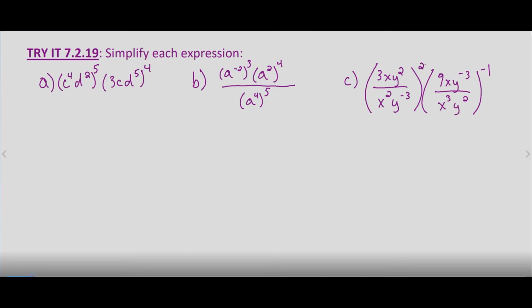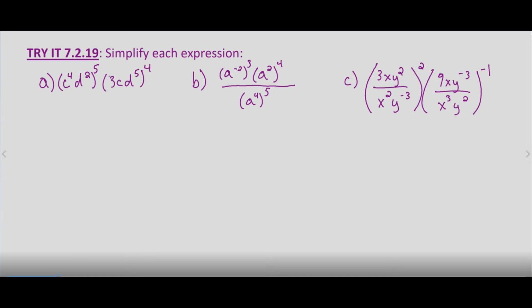But for instance, if you take a look at C, just to give you an example, with this second term where it's being taken to the power of -1, we could first find the reciprocal, then change the sign to 1, or we could distribute the -1 first to all terms and then simplify afterwards. That order doesn't matter. Sometimes we have to go in a certain order.